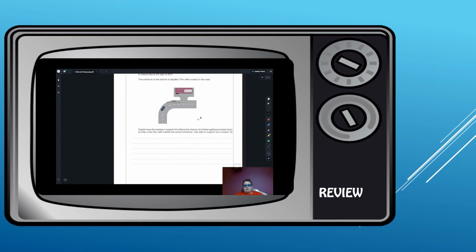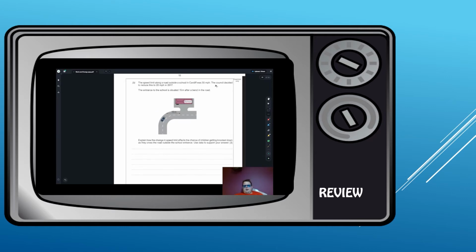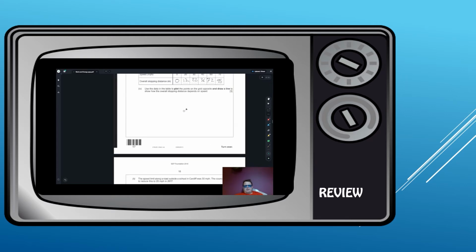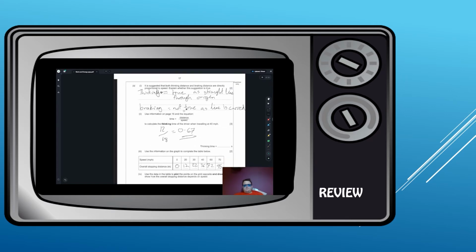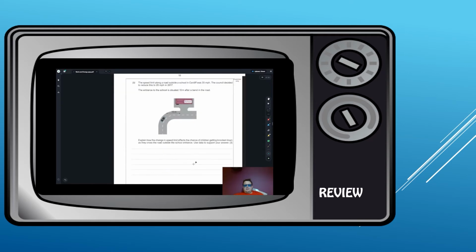So they've reduced speed limits outside of school from 30 to 20. And the entrance to the school is situated 15 meters after a bend. So if we look at our thing here, the overall stopping distance at 30 miles per hour is 22 meters.